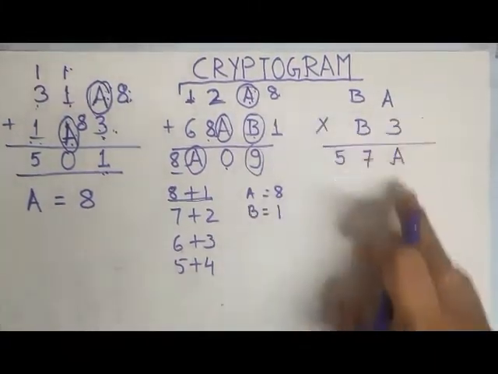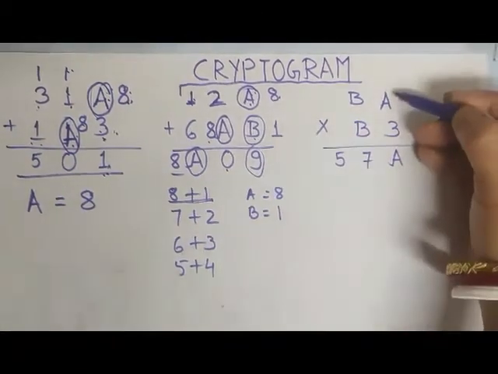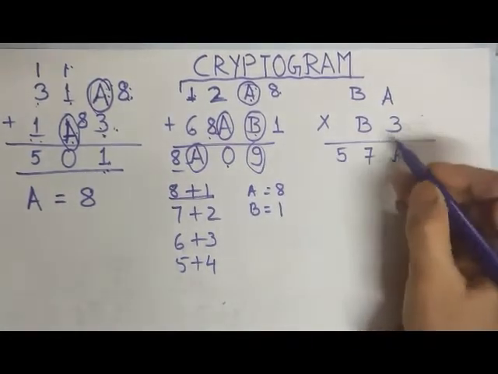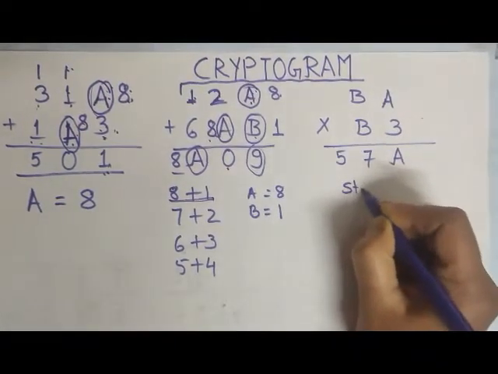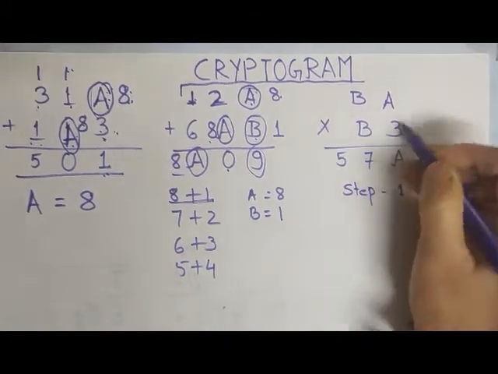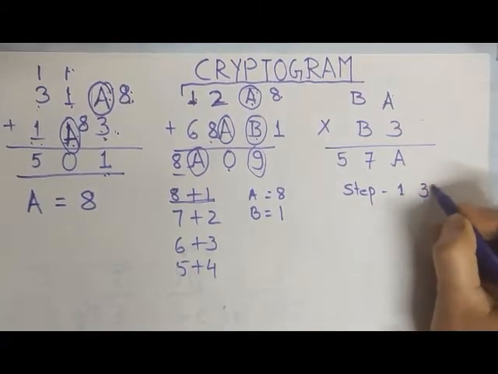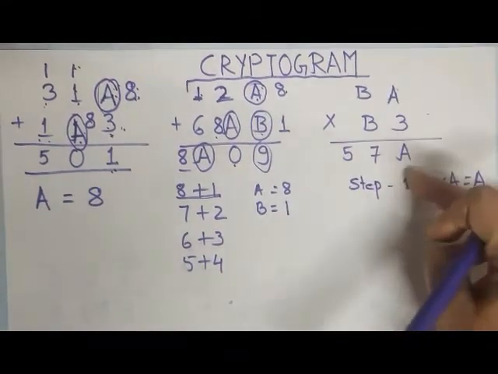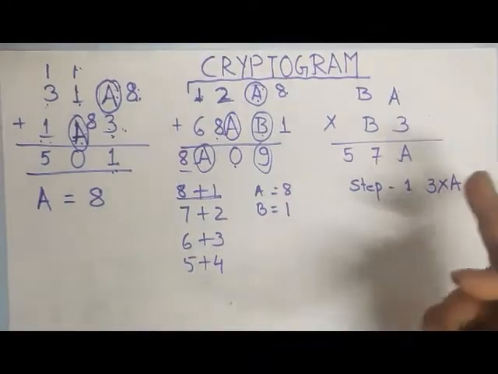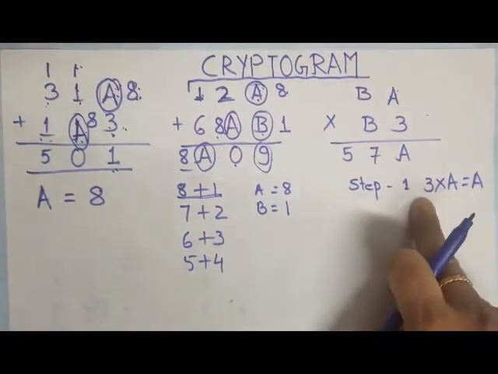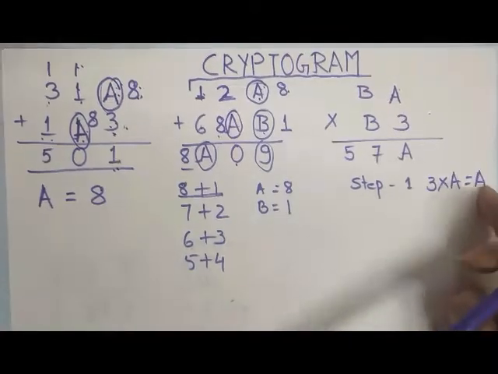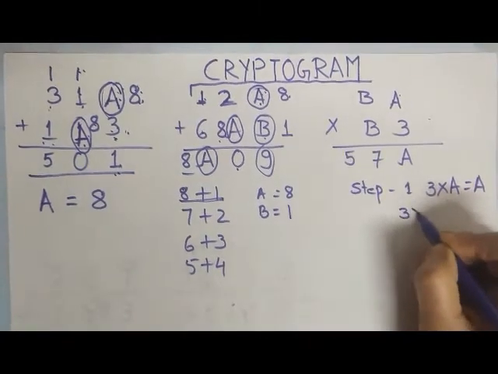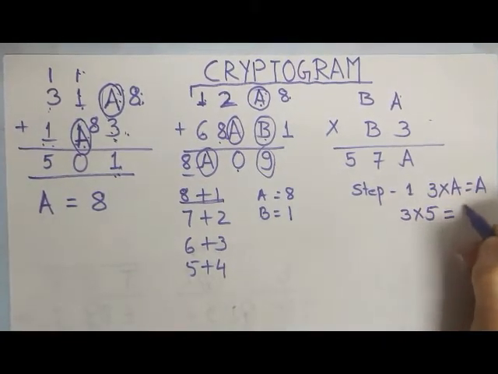Now let us solve one multiplication problem. Starting from the right side again, as it is a multiplication problem, let us follow the steps. Step 1 gives 3 into A equal to a number ending in A. As A, we have to choose a digit which, multiplied with 3, gives a number whose last digit is the same as A. It means it is only 5. 3 into 5 equal to 15.